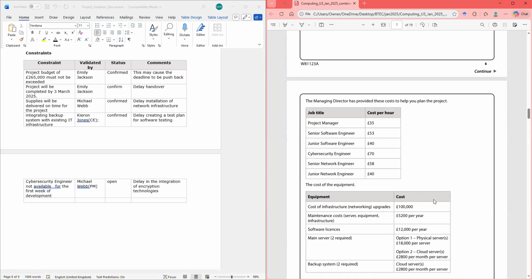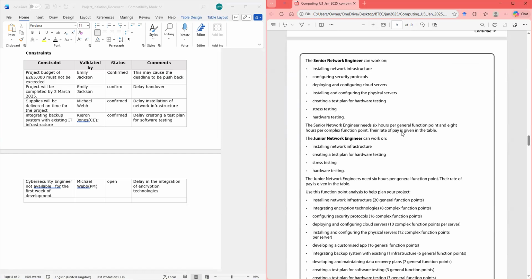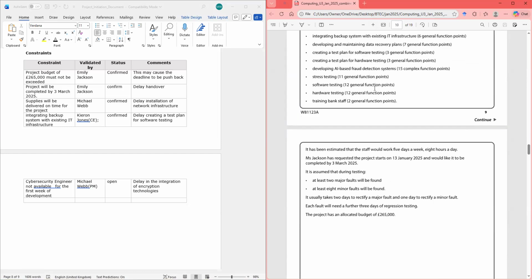All right, what if our backup servers don't work? No, we can't say the backup servers would be cloud servers. All right, let's look back at the. Let's say there was a fault.